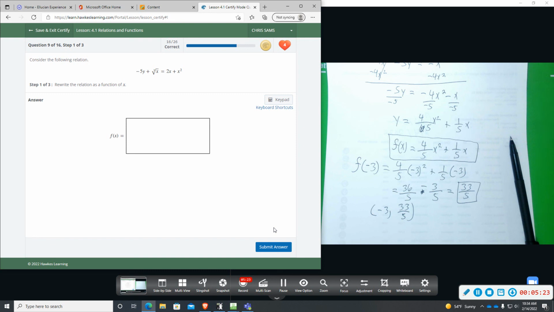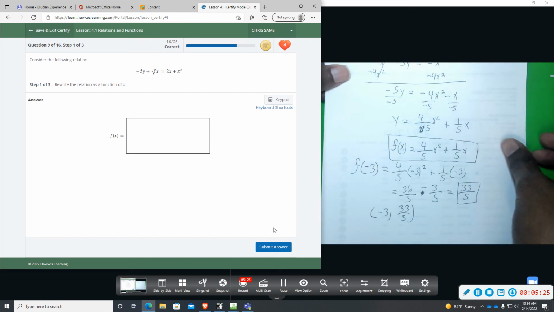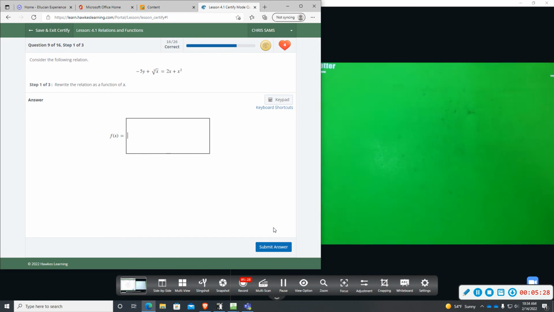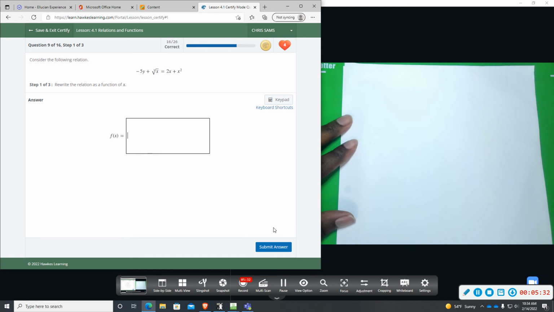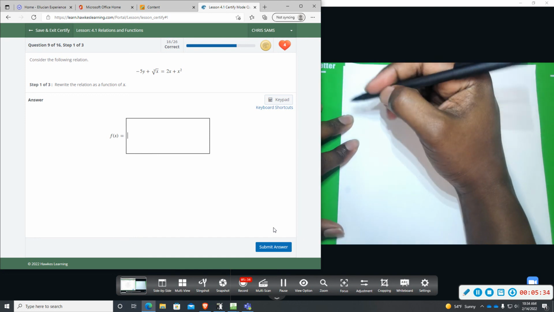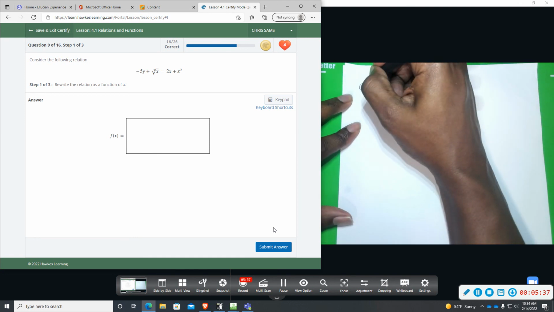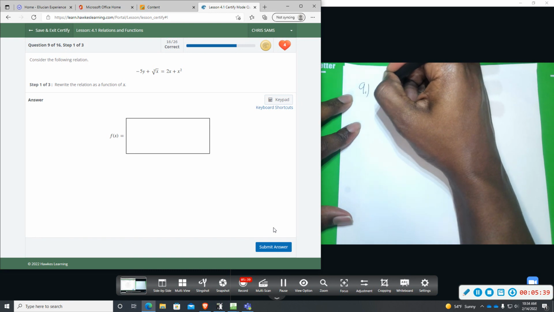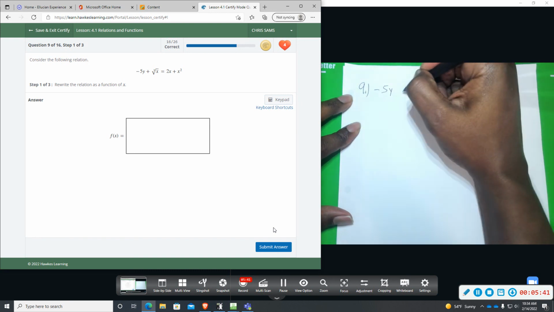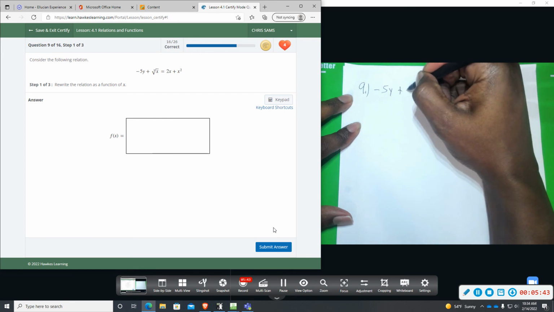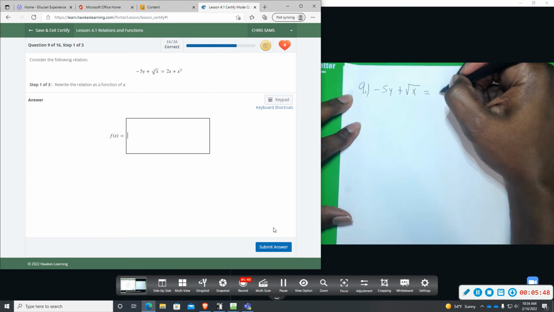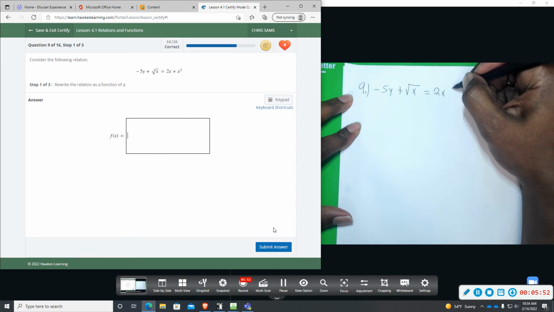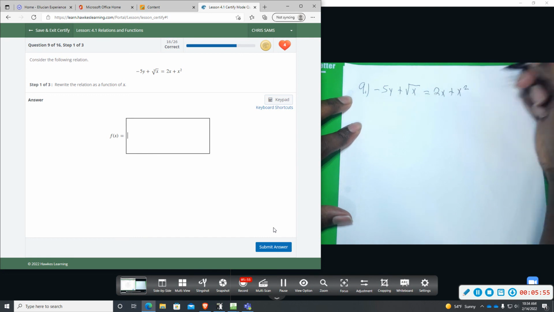All right, number 9, we're going to be doing the same thing with this new expression. We have negative 5y plus the square root of x is equal to 2x plus x squared.